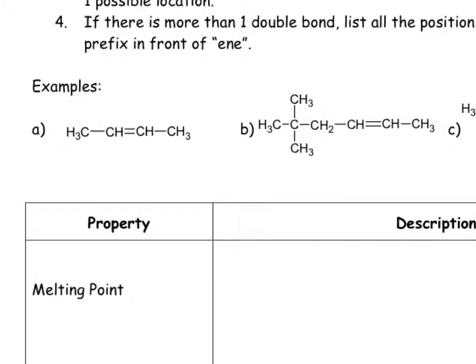If I'm looking at A, my main chain is right there, longest consecutive chain of carbons. So because I have 4 carbons, my root is going to be but, and because of the double bond that's here, I'm going to use "ene" as my suffix. Now, with 4 carbons, there's more than one place where I can put the double bond, so I have to provide a position number.